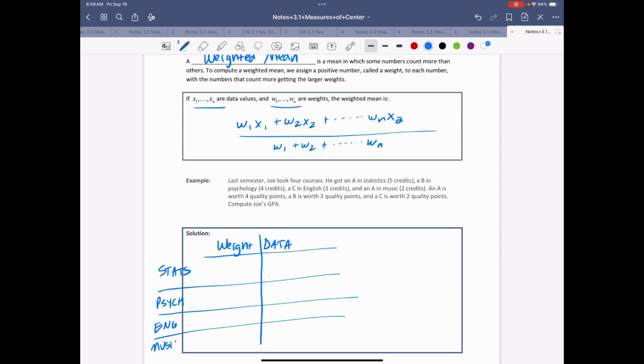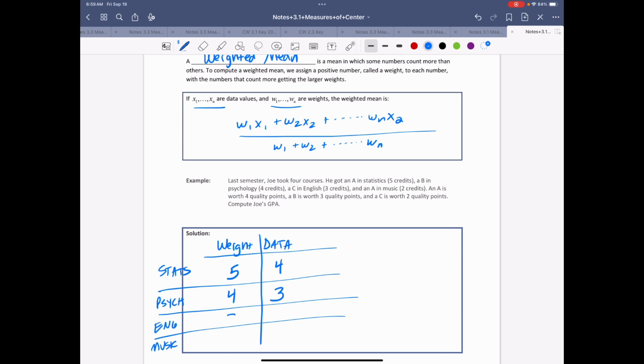All right, so stats, the weight of stats is how much does it count? It counts as 5 credits, and he got an A, it's 4 points. Psychology weight is 4 credits. The data, he got a B, 3 points.